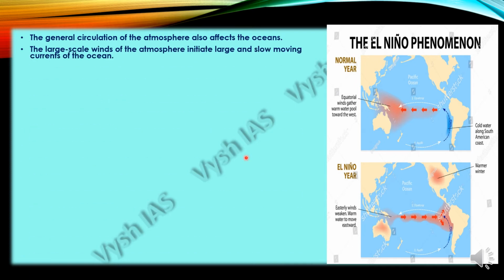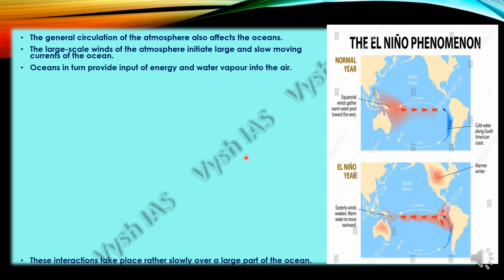So the large scale winds of the atmosphere will initiate large and slow moving currents of the ocean. The ocean in turn provides input of energy and water vapor into the air. So that is how the whole process of precipitation and evaporation takes place.